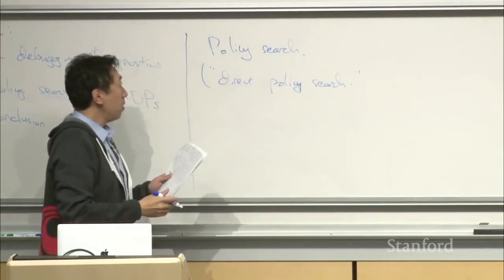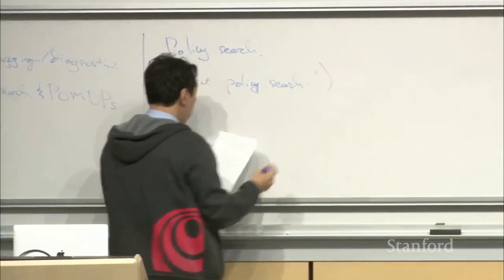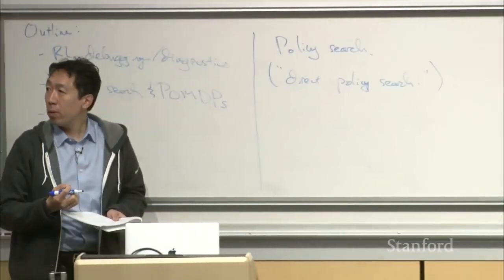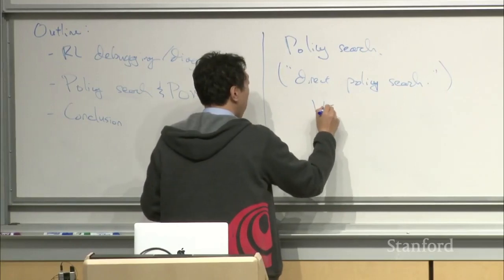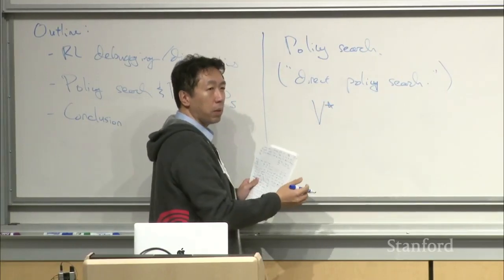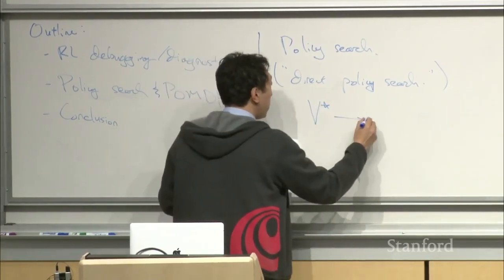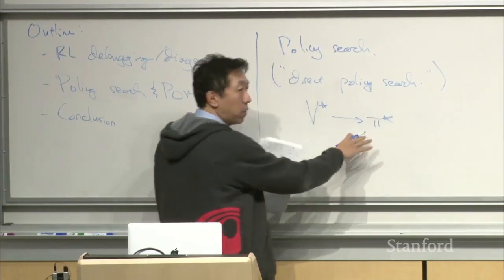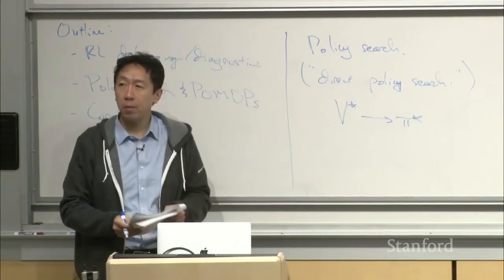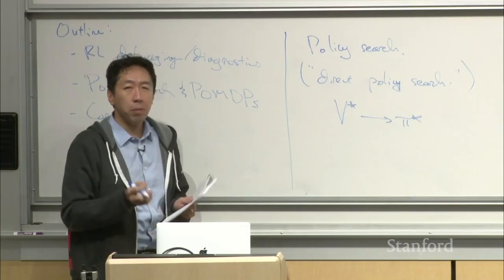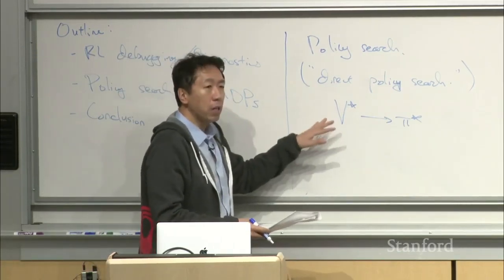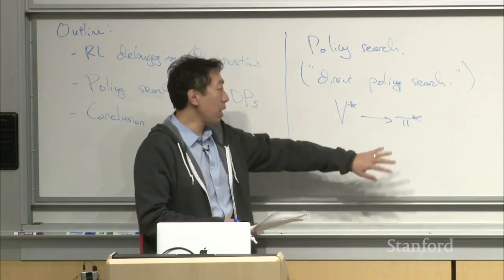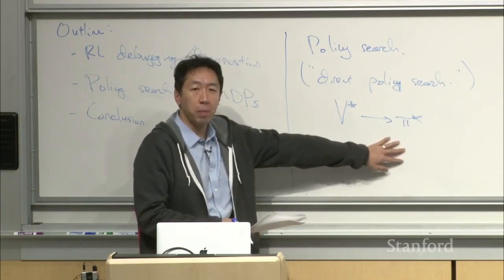And to explain what this means, so far, our approach to reinforcement learning has been to first learn or approximate the value function, approximate V star, and then use that to learn or at least hopefully approximate pi star, right? So you saw value iteration and policy iteration, but our philosophy to reinforcement learning was to estimate the value function and then use that equation with the argmax to figure out what is pi star.